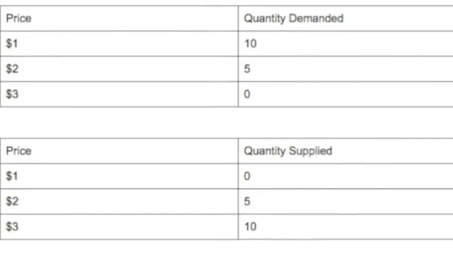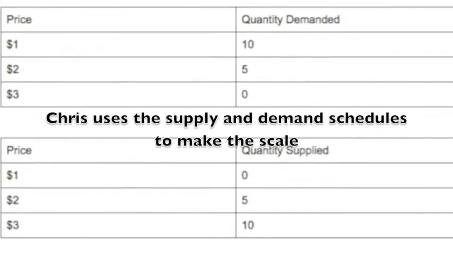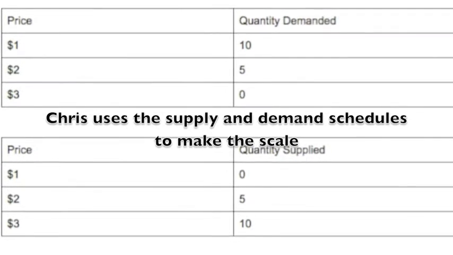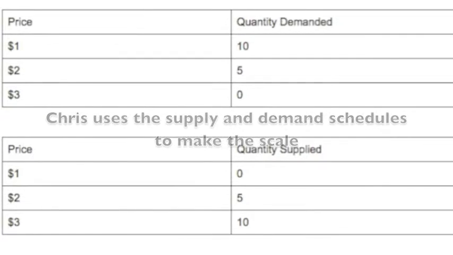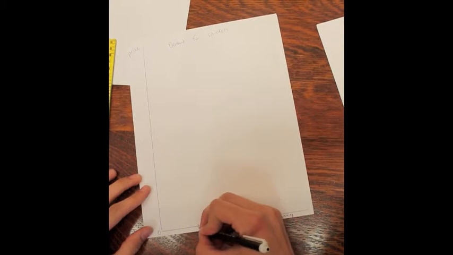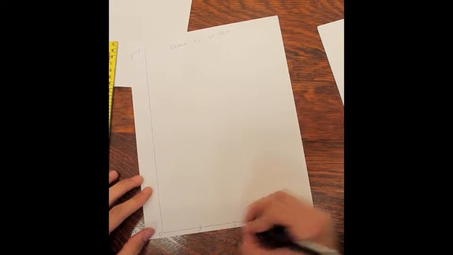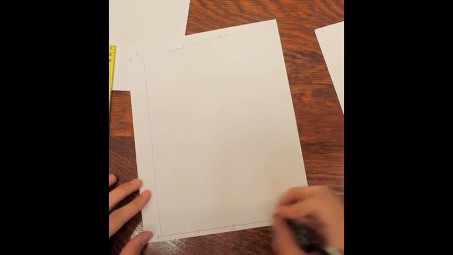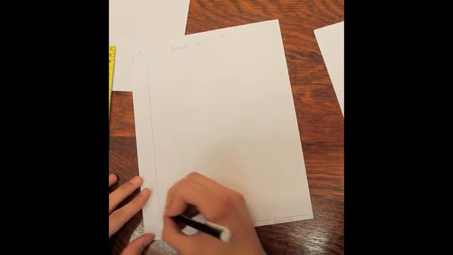So, let's set a scale for this graph. So, draw your scale. All right. Go up by 2s on the y-axis? Yeah, that's good. All right.